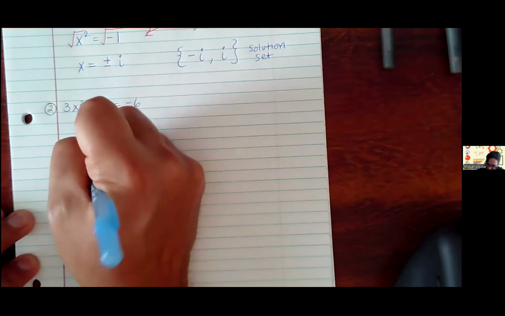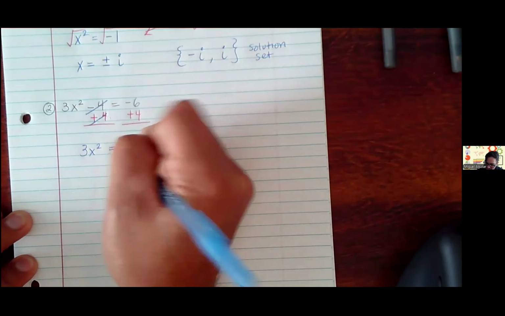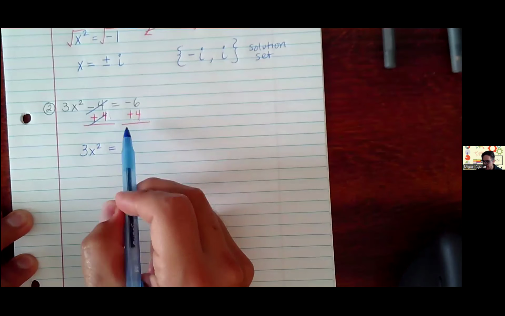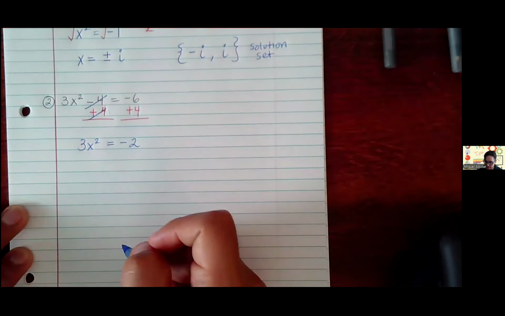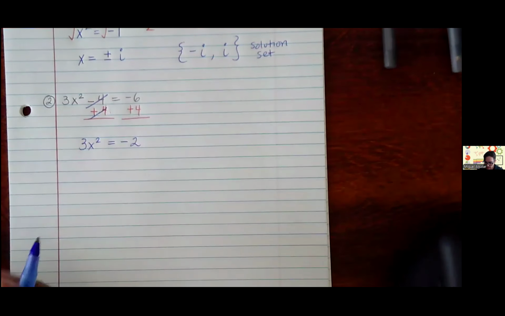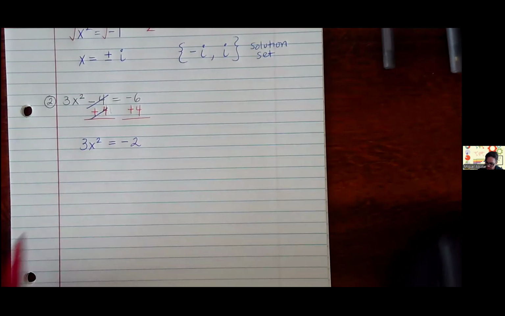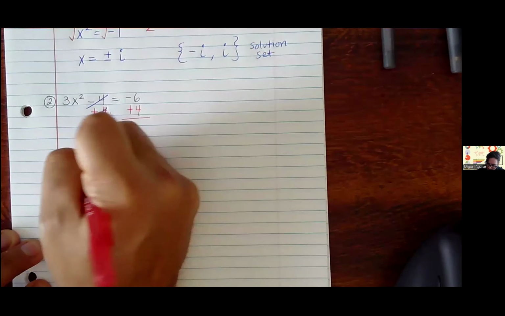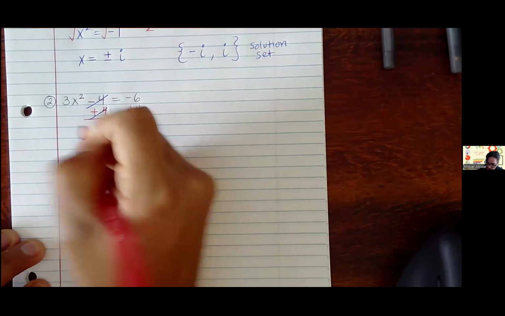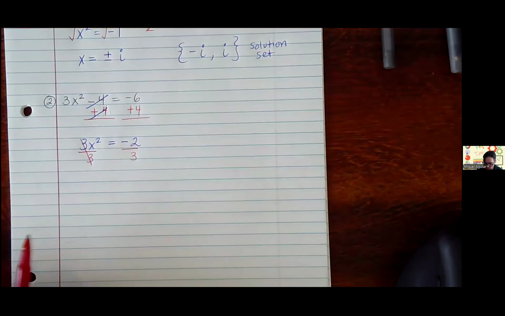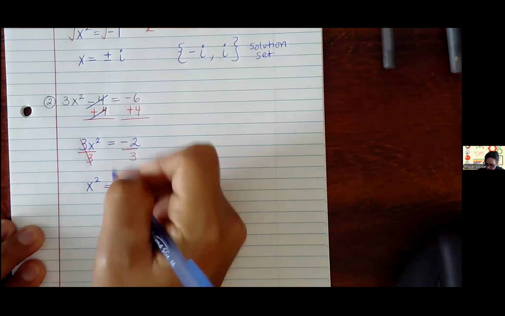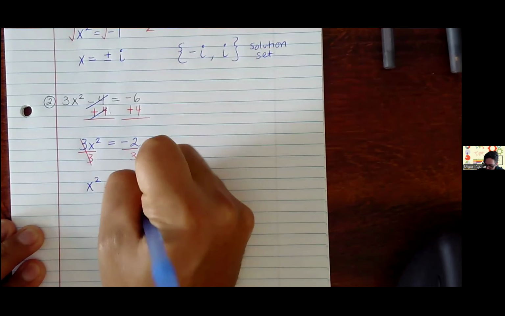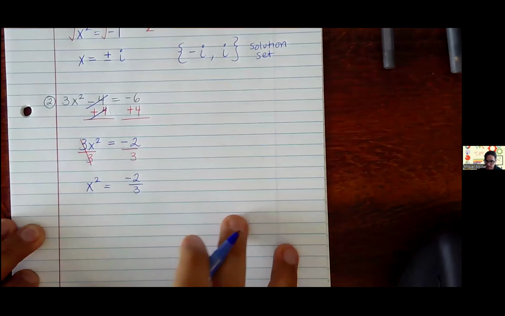We now have 3x squared is equal to, and then -6 plus 4 should give us -2. At that point, we do want to get our x squared term isolated. So we're going to divide by 3 on both sides of our equation so that we can cancel out that coefficient, leaving us with just x squared is equal to -2/3.